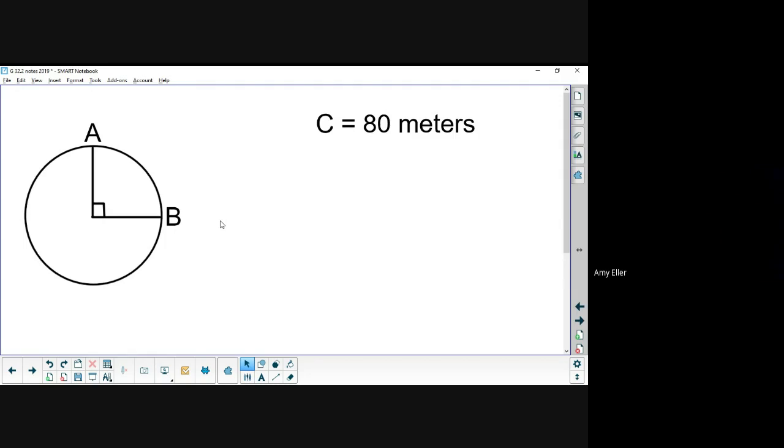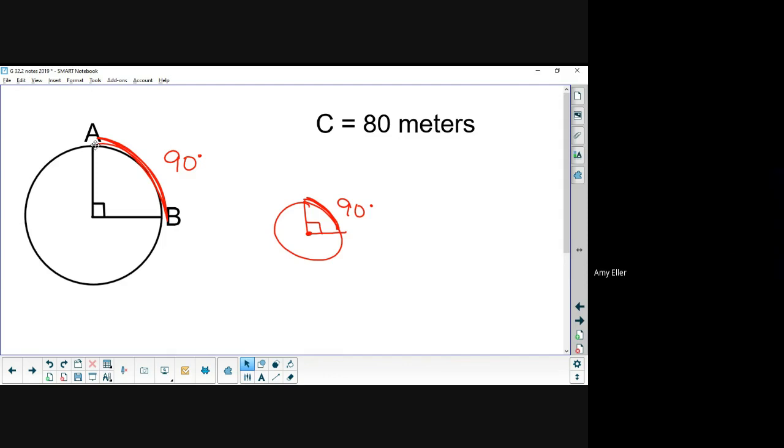Here I have a circle. And we've learned before, if this is 90 degrees, that this is 90 degrees. And if I have this circle, and this is 90, this is also 90 degrees. It's a fourth of the whole 360, so 90.